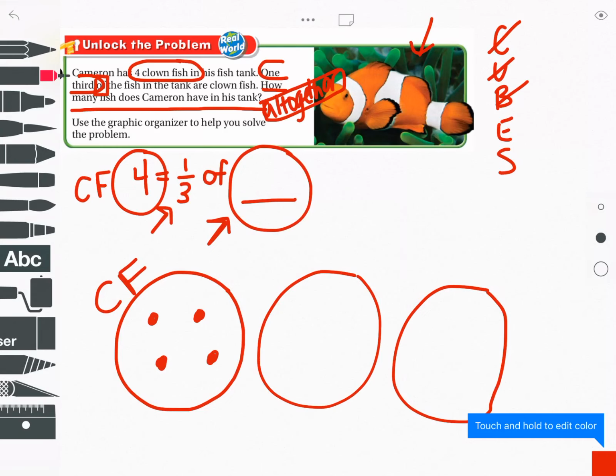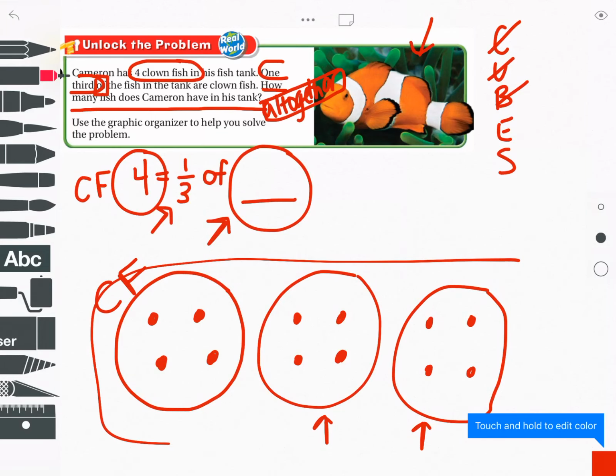So if there are 4 in this group, there are 4 in this group, and there are 4 in this group. Maybe this group is goldfish, maybe this one is betas, although hopefully not. And then that would show me how many fish I have all together. So I have 3 groups with 4 in each group, and I end up with 12 all together.